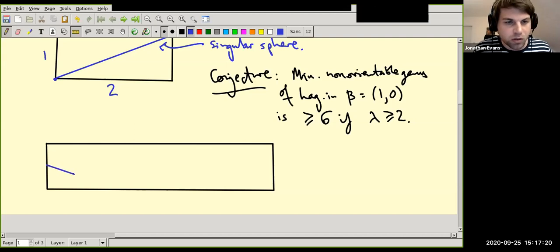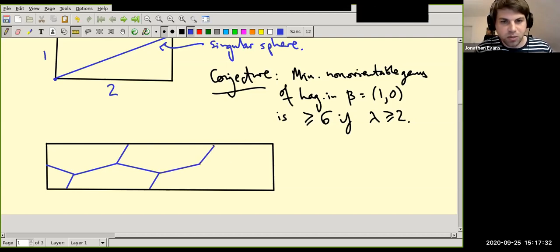Let's see. I'll tell you what the slopes of these lines are because that's important. Okay, so this guy is pointing in the 2, -1 direction.